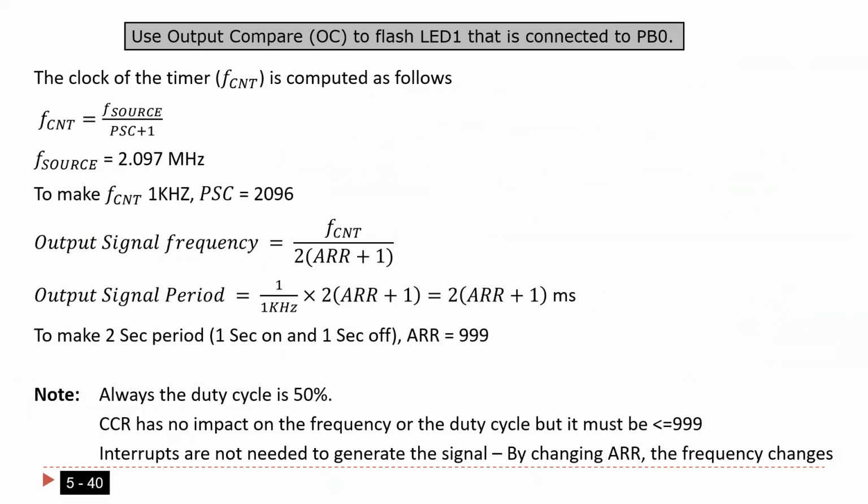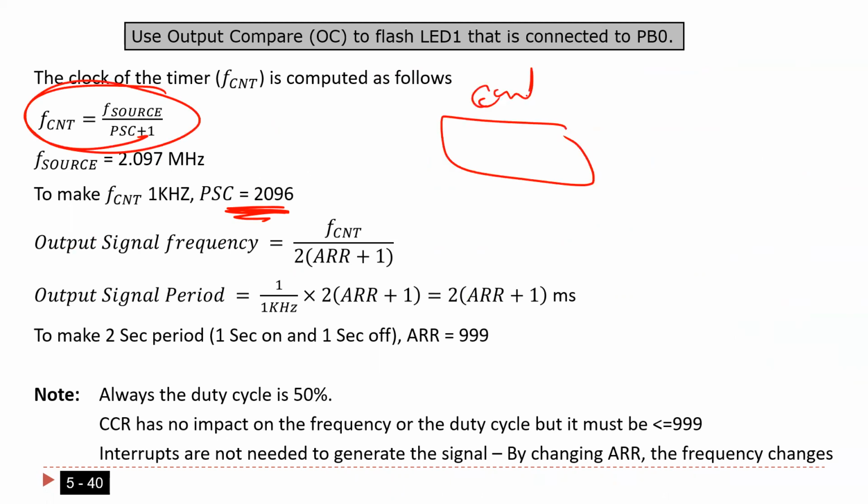Number one, I have to program the counter. I told you I'm going to select this prescale to be 2096. Why did you select this number? By selecting this number, as I told you, we have a counter, and this counter has a clock.